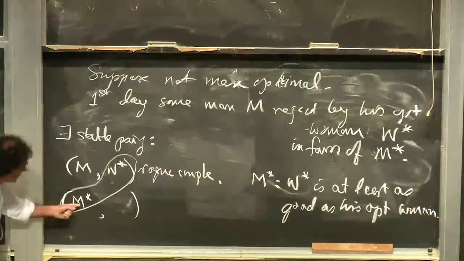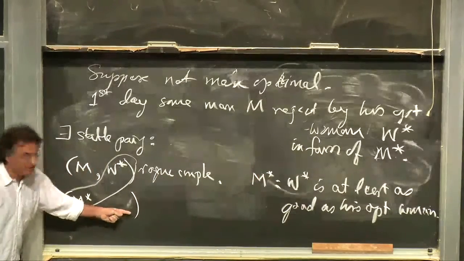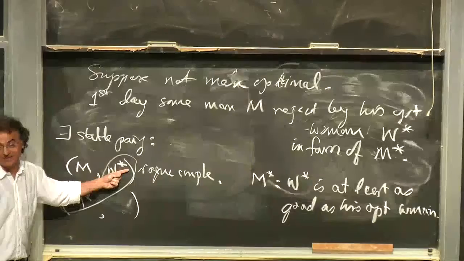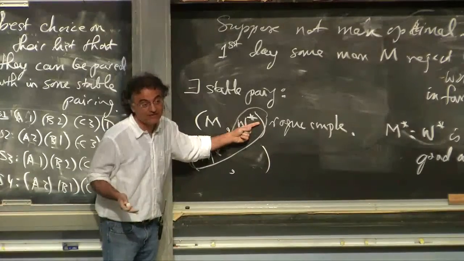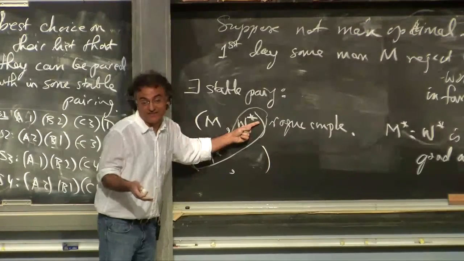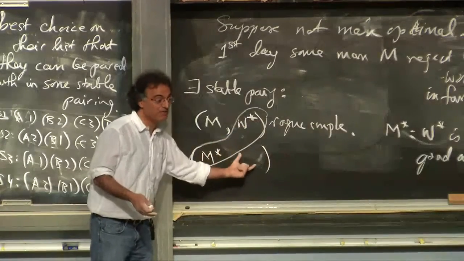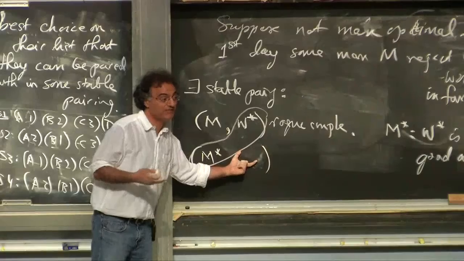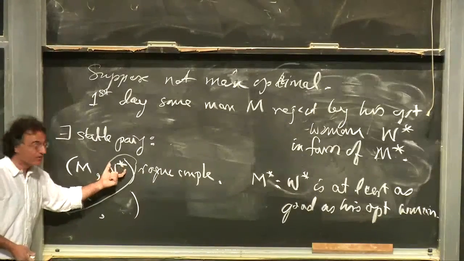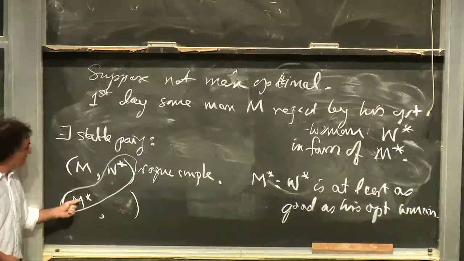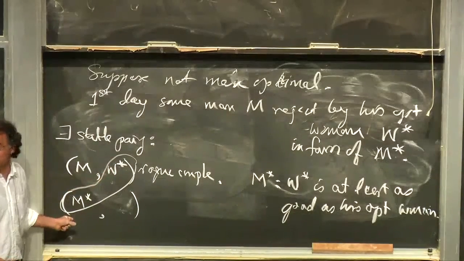What does that mean? It means whoever he's paired with, he prefers to be with W star. Right? You can't have anybody better than optimal. He can't possibly be in a stable pairing with somebody better than his optimal. So whoever he's with, he prefers W star. We already said W star prefers M star. So that's a rogue couple. Contradiction.